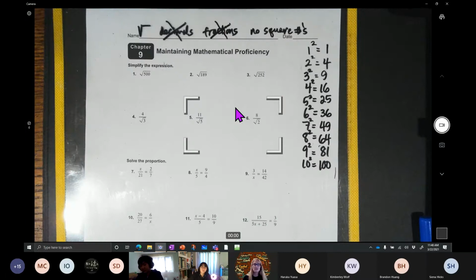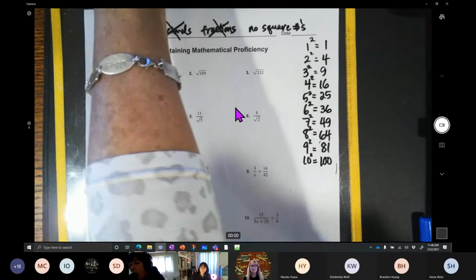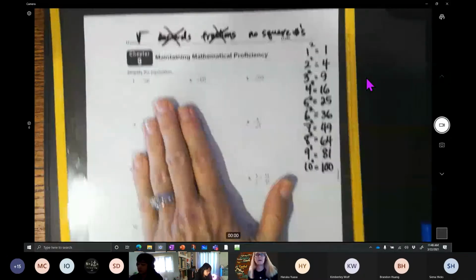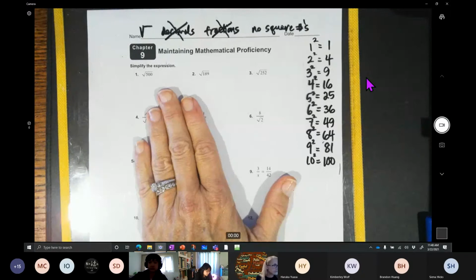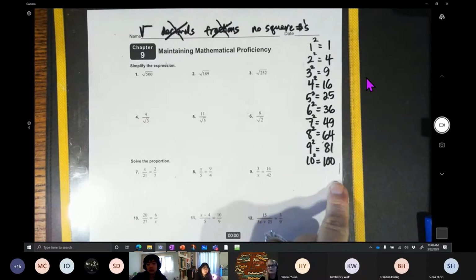So I'm not going to assume that any of you know anything about square roots. What I need to remind you of or teach you is that each of these numbers can be broken down. And the key thing is the factors of the numbers cannot contain any of these numbers. I call them square numbers, but it means the square of a number, right?